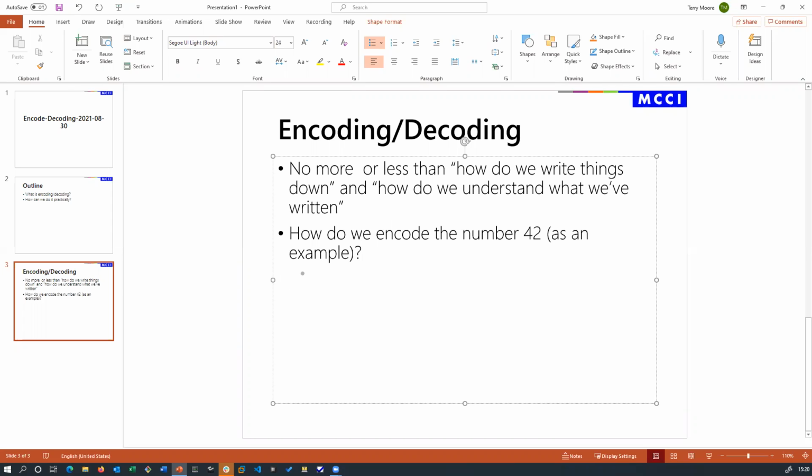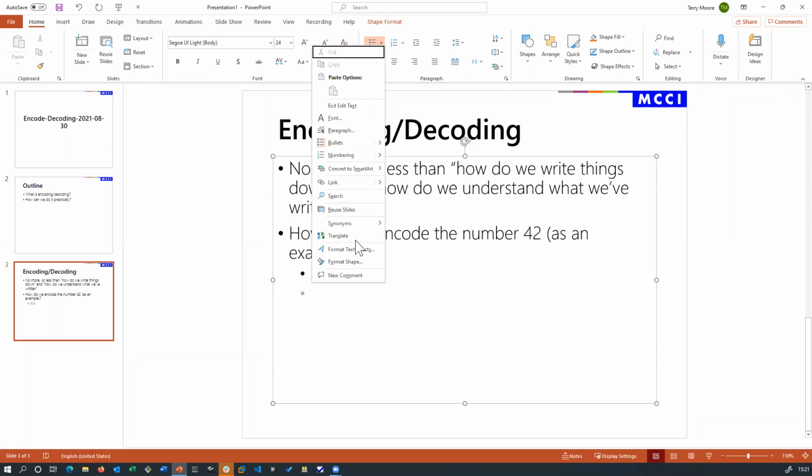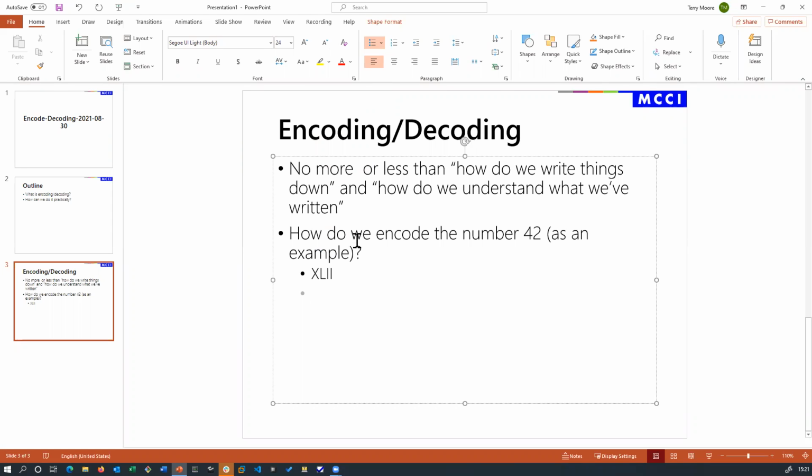In Roman numerals, we can write it as XLII, I believe, is 42. In Chinese characters, it will be, with my Mandarin input, so I can really show off here, there we go.